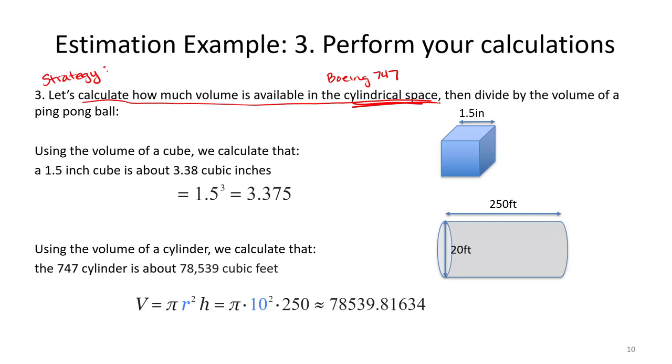So first we find how much volume is available in the total space. Then we can divide by the volume of a ping pong ball. Once we know the volume of the space and the volume of a ping pong ball, we can determine how many ping pong balls could fit.